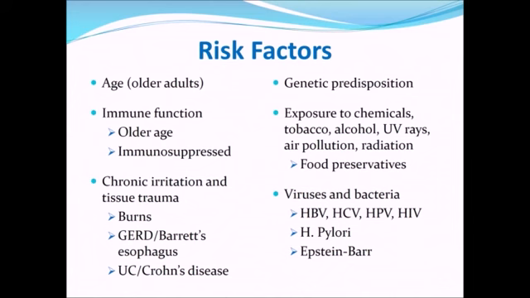We talked about exposure to chemicals, tobacco, alcohol, UV rays. Do keep in mind air pollution. That can play a huge role in the development of cancer, particularly your respiratory, your lung cancers, and also exposure to radiation. And, we typically think about radiation as a treatment for cancer, and we will talk about that a little bit later.